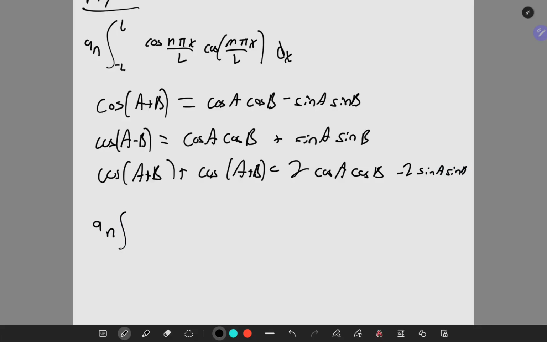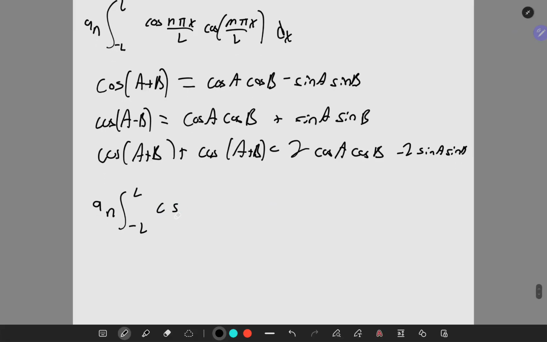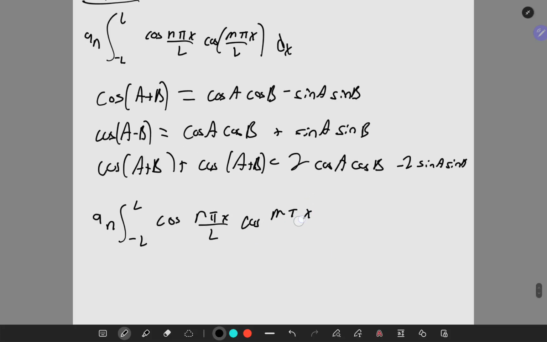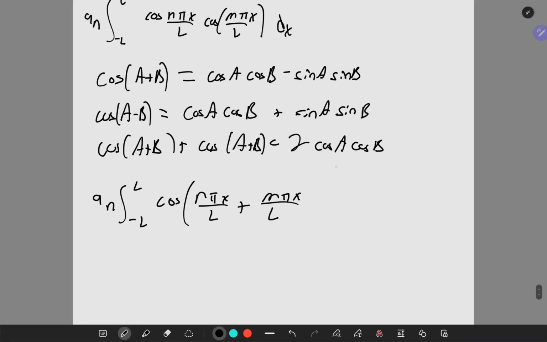So we have a sub n, the integral from negative L to L of cosine n pi x over L, cosine m pi x over L. I'm using this one here, the 2 cosine a cosine b one.